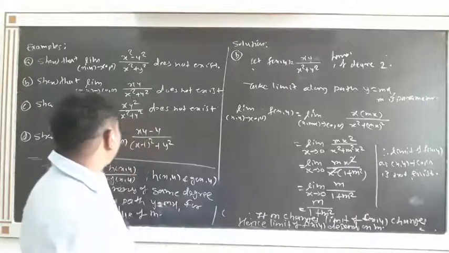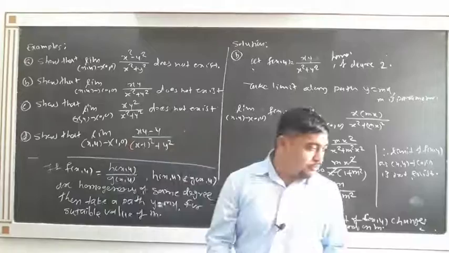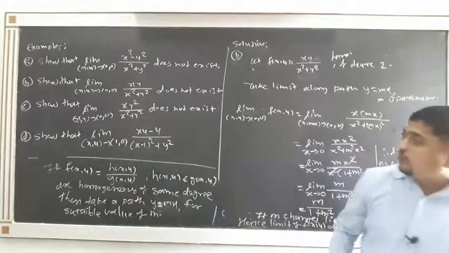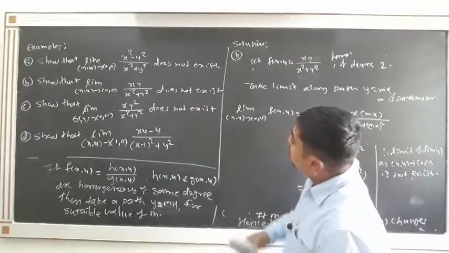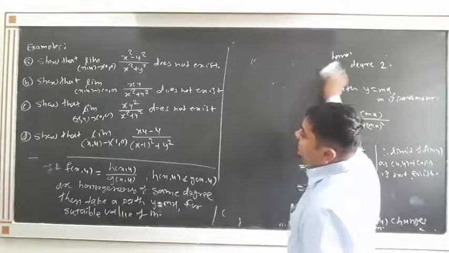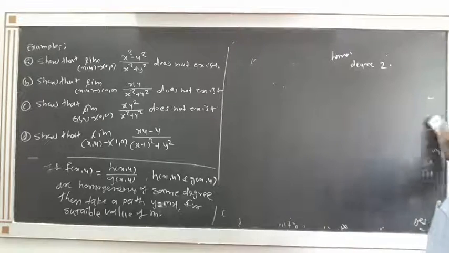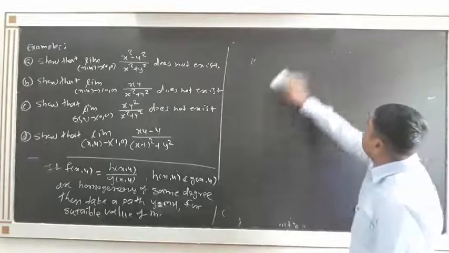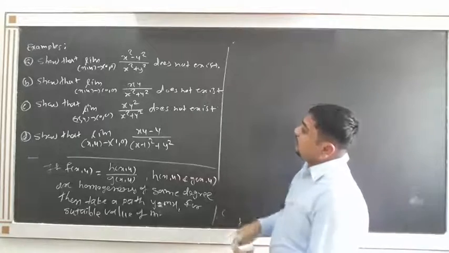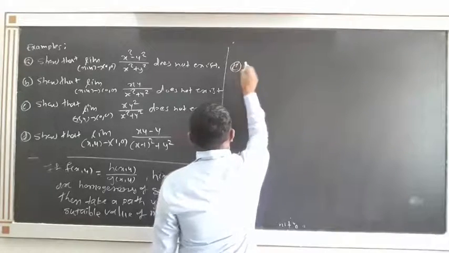Okay, so similarly you can solve some other problems also. So what is the next problem? Show that limit xy tends to 0 0 of xy square upon x square plus y square does not exist. Okay, so again I will give you a short answer.